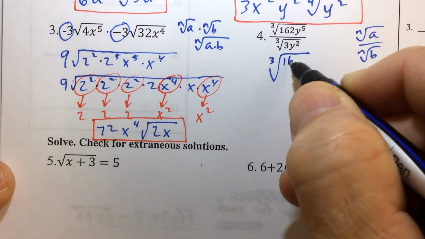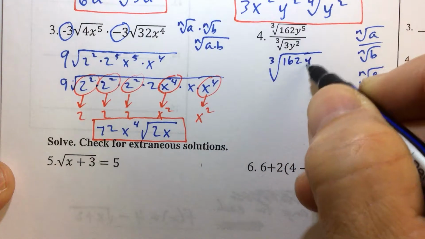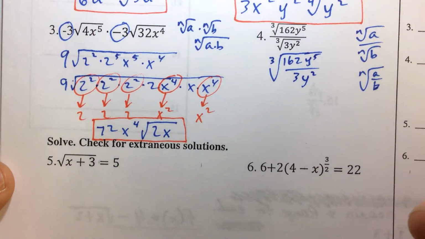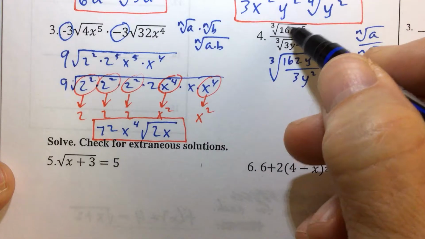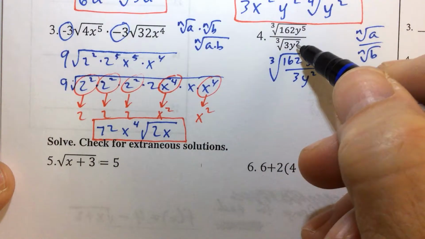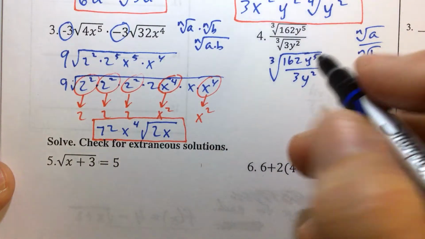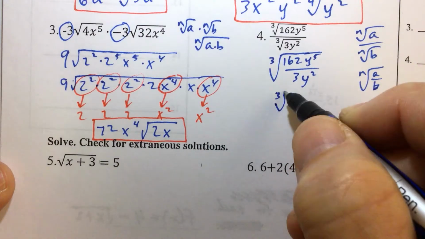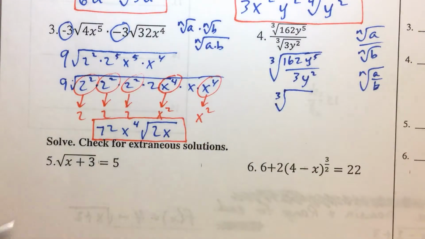Sometimes there's ways we can change what we do. We don't always have to use the same steps, but in this case I can see that 3 goes into 162, and also y squared goes into y to the 5th. So 3 goes into 162 54 times, and so we can cancel.